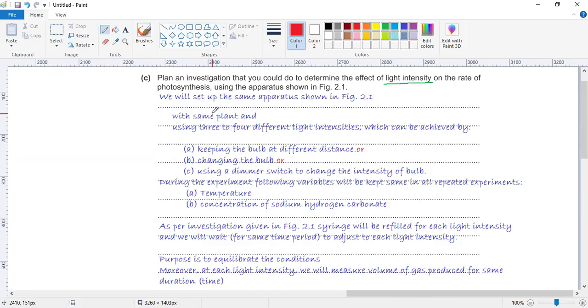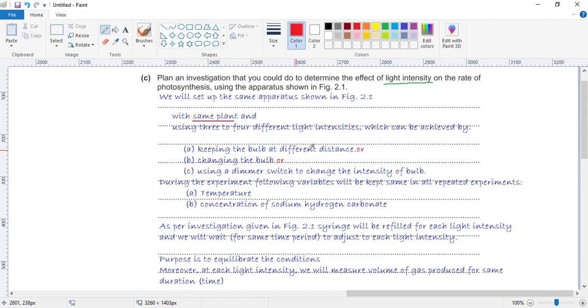Okay, now see, I have written the answer meanwhile, and you can use your own words, but you should cover all these points I will mark. We will set up the same apparatus shown in figure 2.1, with the same plant. Your answer must incorporate that in all the experiments, the same plant will be used. And how to change the intensity, you can use any one of them. It is not necessary that you incorporate all three in your answer.